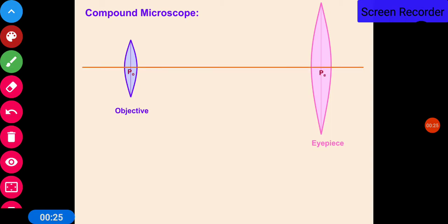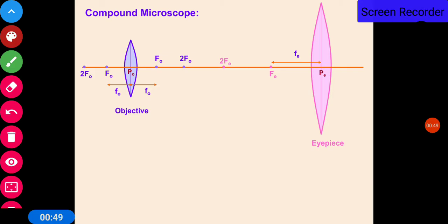Let this be the principal axis. Let F0 be the focus of the objective, the principal focus, first focus and the second focus. The distance of the focus from the optical center is denoted by F0. Let Fe be the focus of the eyepiece.